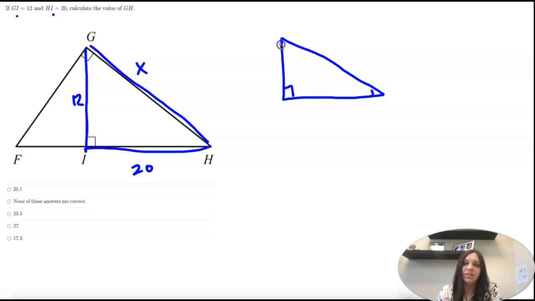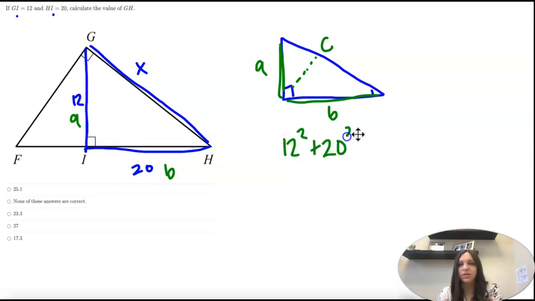The legs are our A and B, and the hypotenuse across from the right angle is C. So I have 12 squared plus 20 squared equals x squared. Now we're going to solve for x.